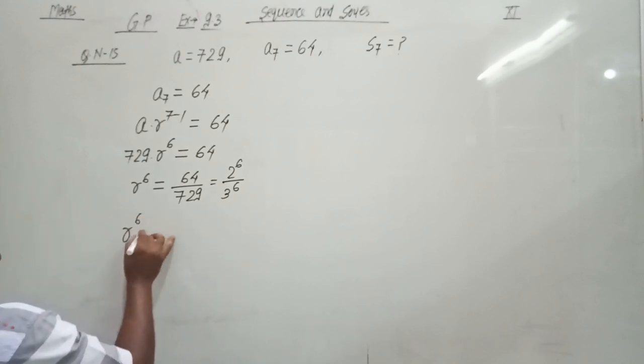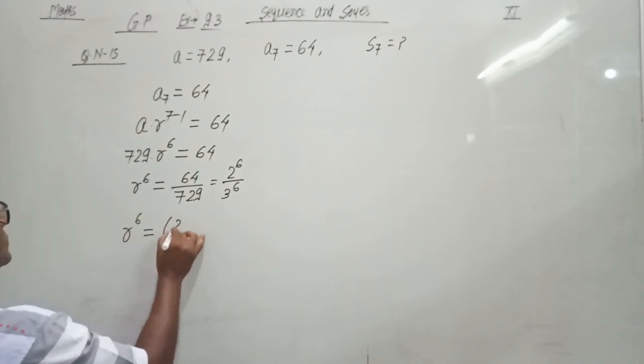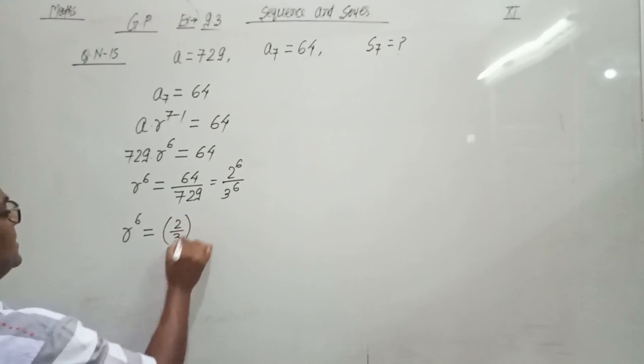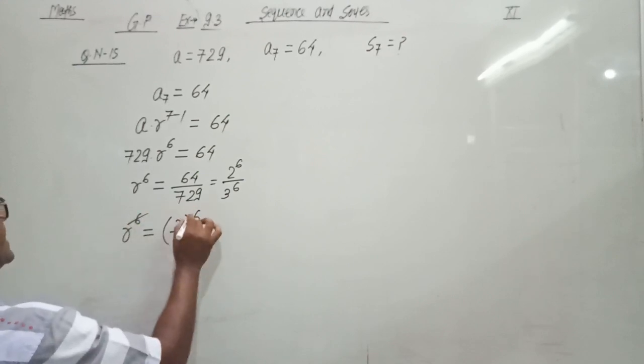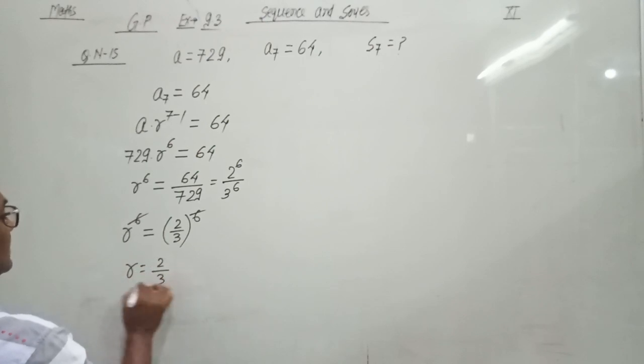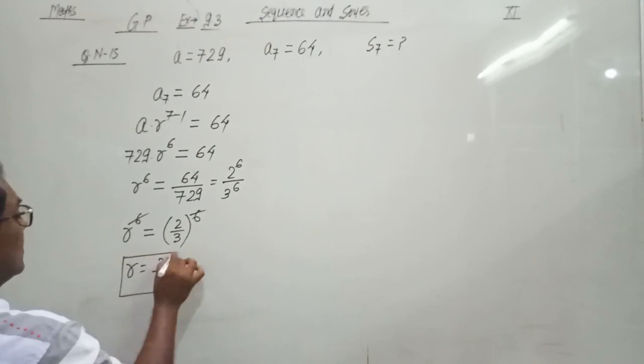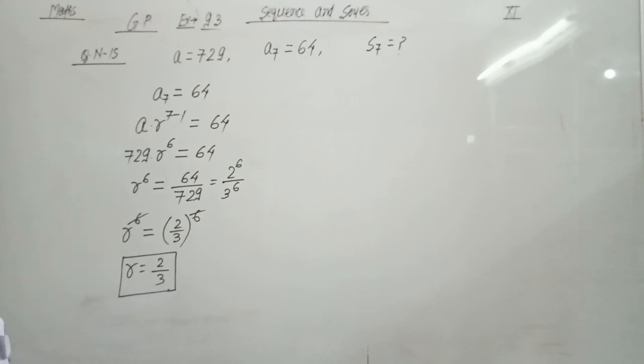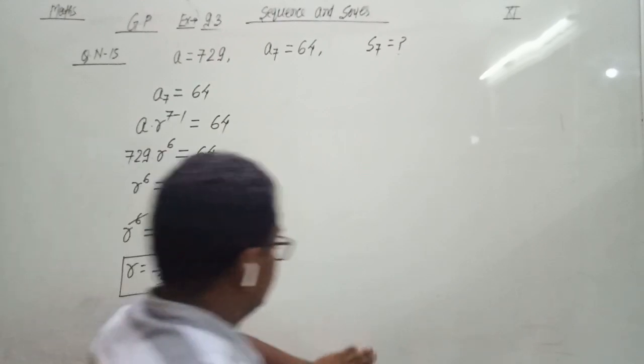So R raised to the power 6 equals (2 by 3) raised to the power 6. The 6 gets cancelled, and we get the value of R. The value of R of the given GP comes to 2 by 3.